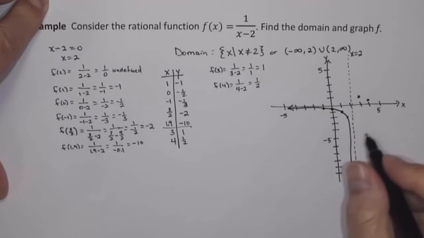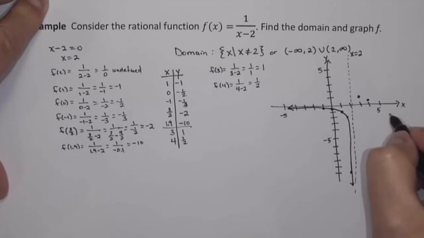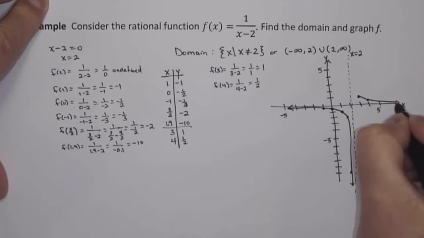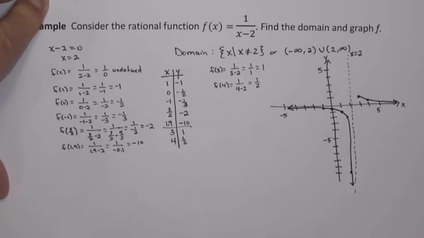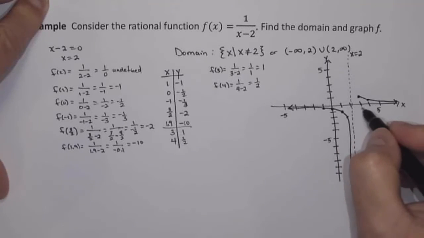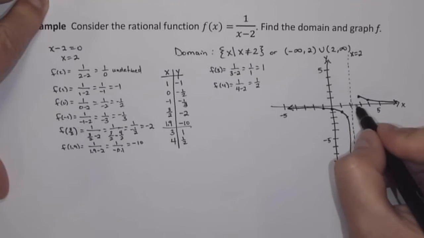If I were to substitute in 5, I would get even closer to the x-axis. 6, I would get even closer to the x-axis. So this graph is getting closer and closer to the x-axis the bigger I let the value of x be. What if I let the value of x get closer and closer to 2? Like what if I let x be 2.5?